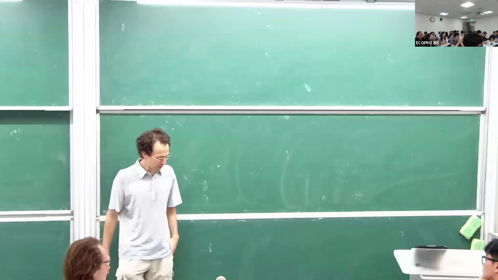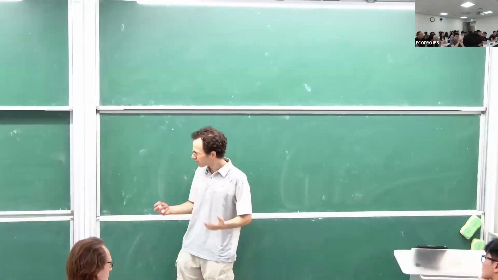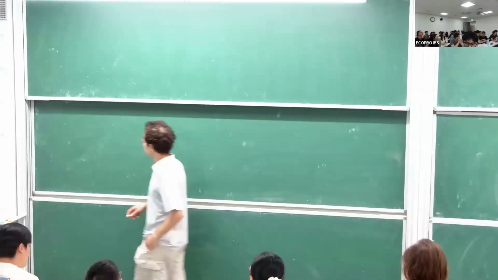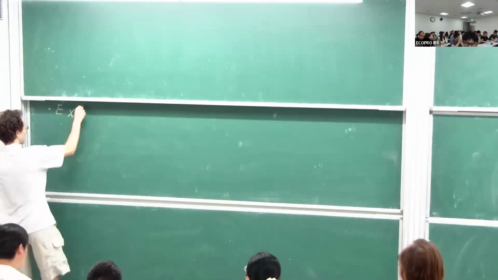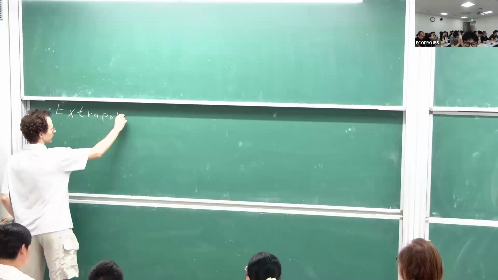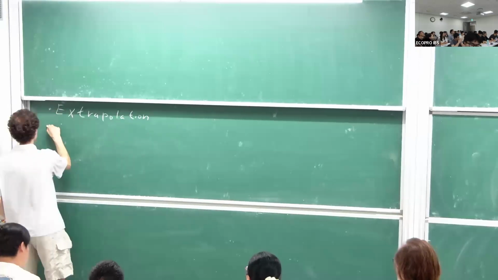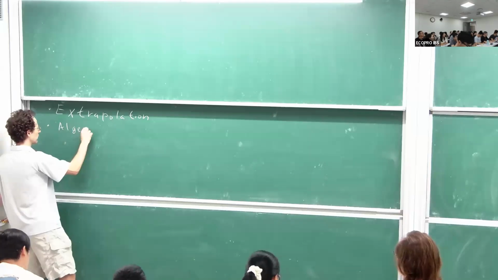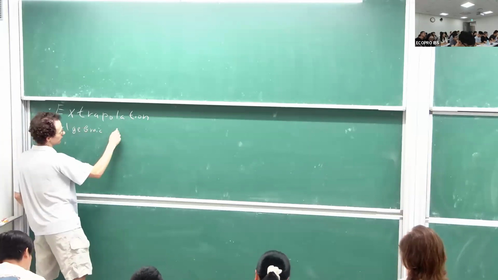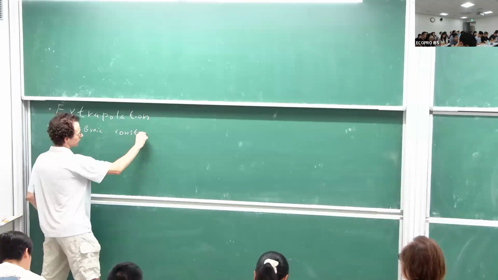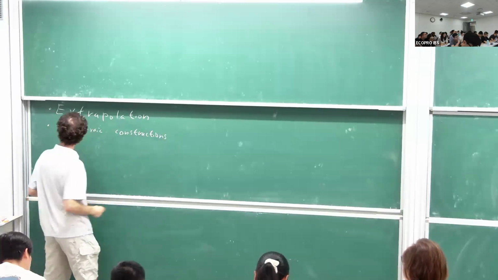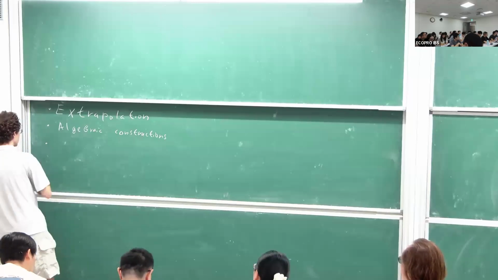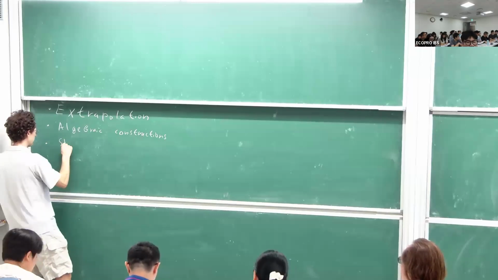So my plan for the lectures is to cover a couple of topics. The first we'll start with extrapolation. Then I'll talk about some algebraic constructions, extremal ones, and then I plan to do the last lecture on the slice rank.